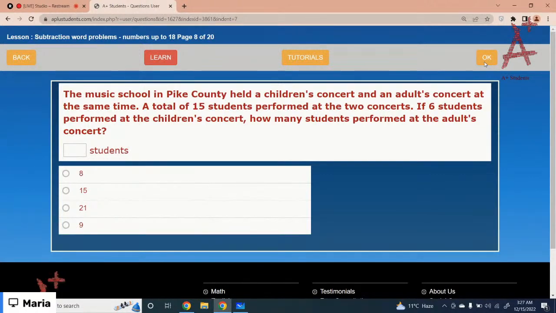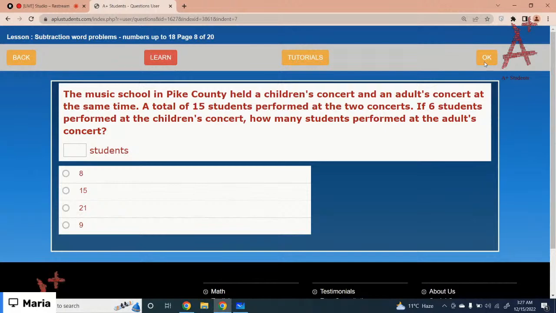The music school in Pike Country held a children's concert and an adults concert at the same time. A total of 15 students performed at the two concerts. If 6 students performed at the children's concert, how many students performed at the adults concert? The total students performed are 15. Got it?